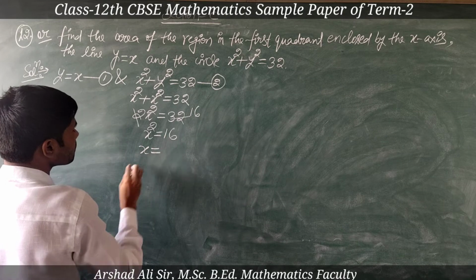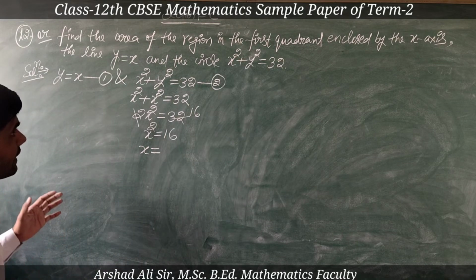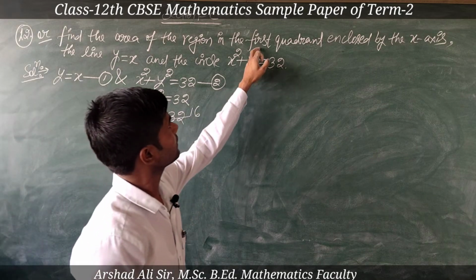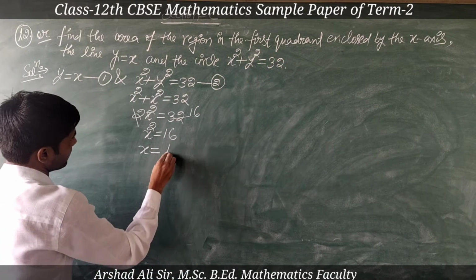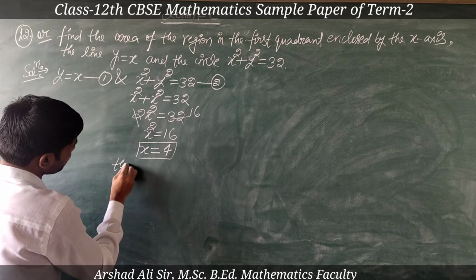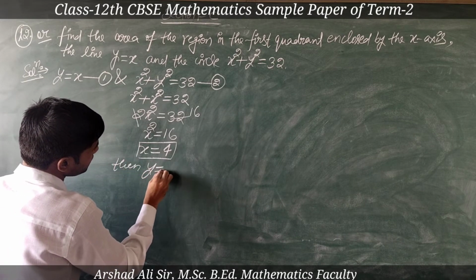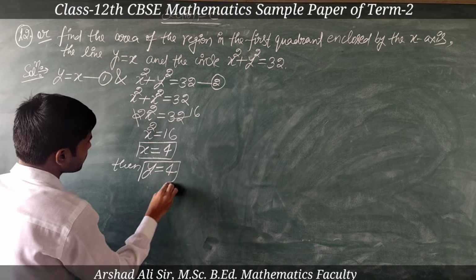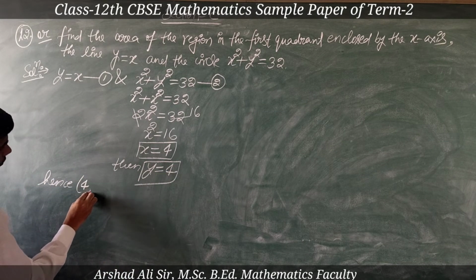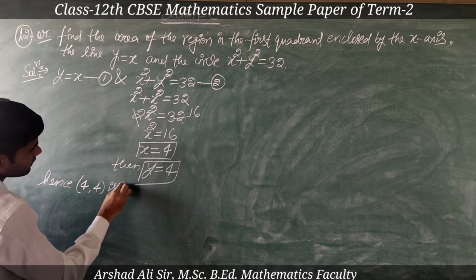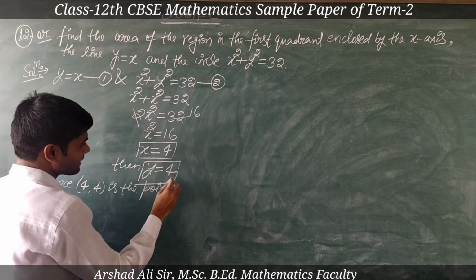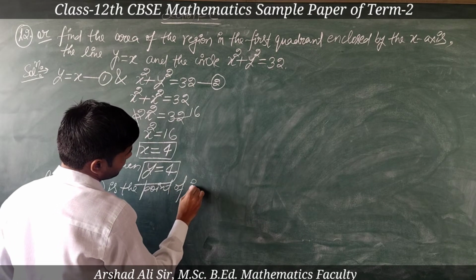So x is equal to plus minus 4, but we have to find the area in first quadrant. Okay, so we will take only positive side. x is equal to 4. If x is equal to 4, then y is also equal to 4. Hence 4, 4 is the point of intersection.